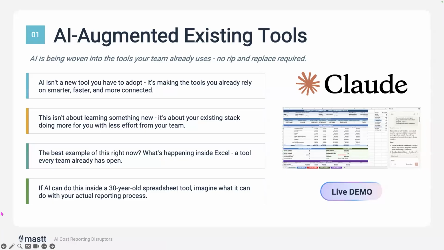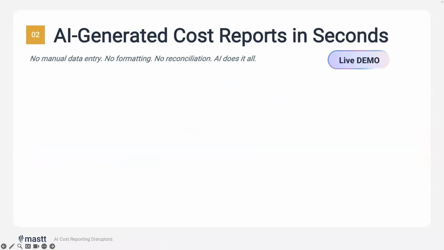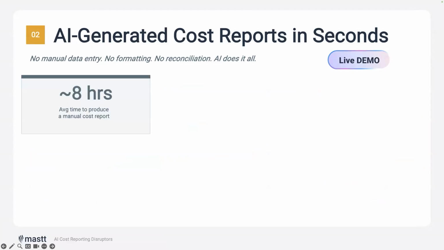Now, let me go back to my PowerPoint. So, second disruptor, and this is where things started to change: AI-generated reports. Today, a typical cost report on a monthly basis takes 6-8 hours to put together, sometimes longer. What you're actually doing on that monthly basis, collating, processing, formatting, circulating, digesting, it adds up.